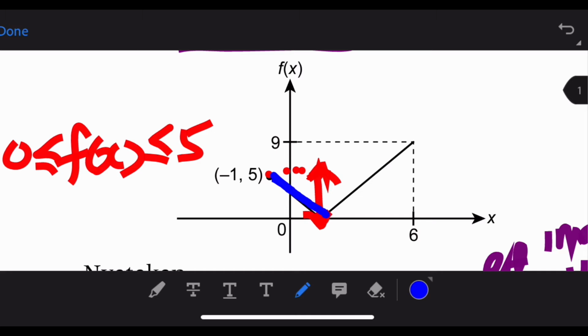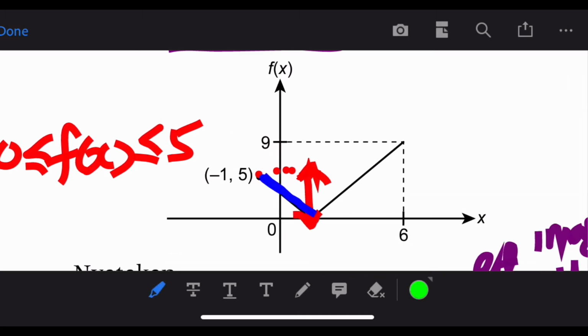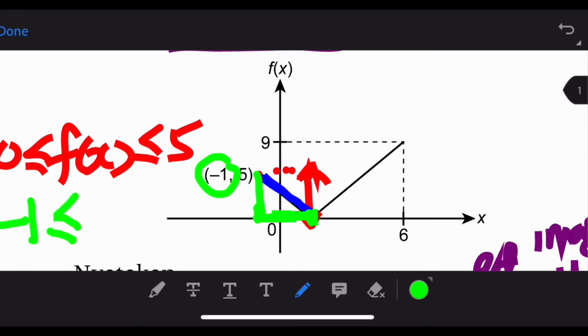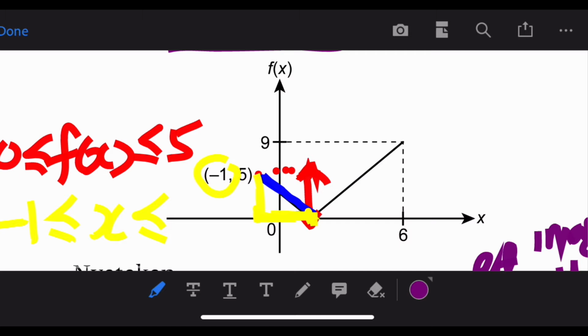So what is the corresponding x value? Let's highlight with a color pencil. Right, this is the corresponding x value. So the x is from where to where? Of course, it's from -1. So we can write -1 less than or equal to x, that is called the domain. The one that I highlight in purple color, let me change to purple, this one.